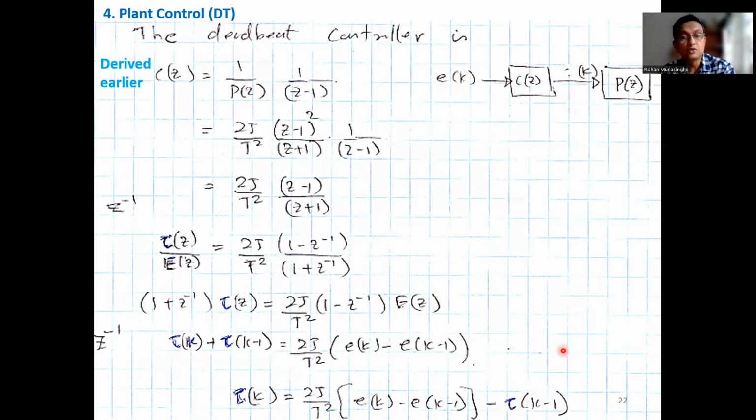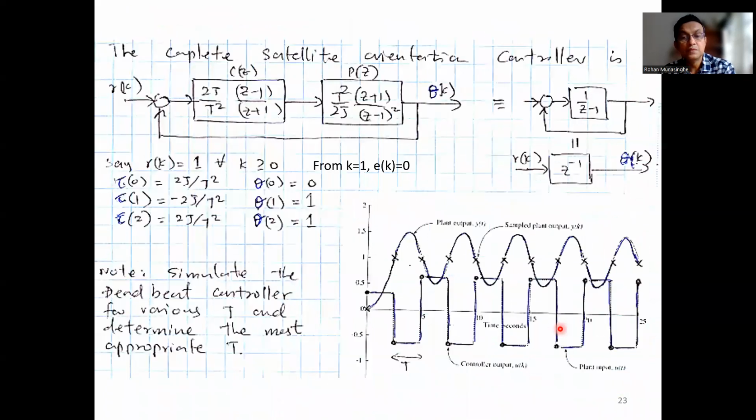Okay, that is also minus. So this should be 2 times. Sorry about that. Sorry, 4 times. Okay. At time equals 1, you get negative 4 times j over t square.